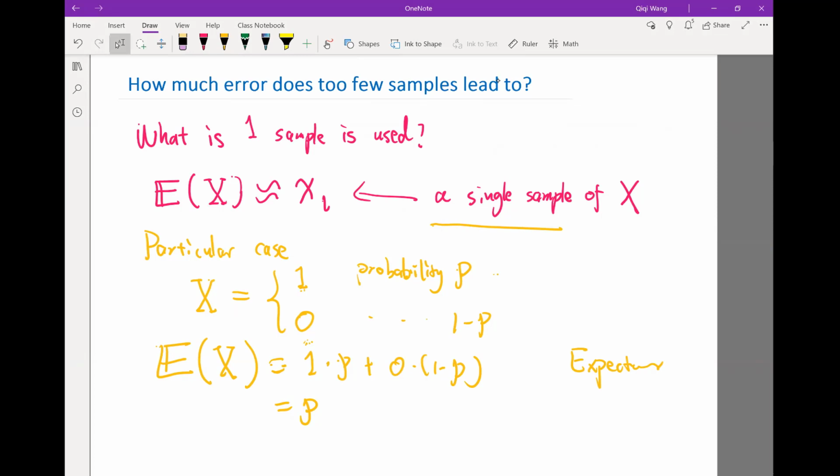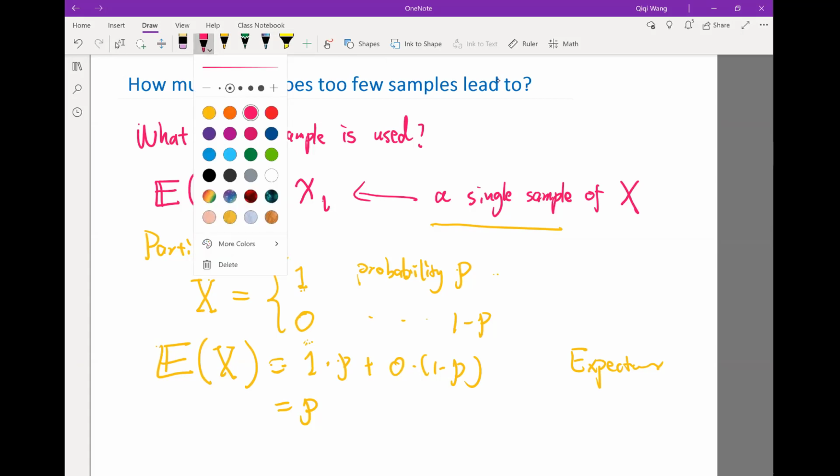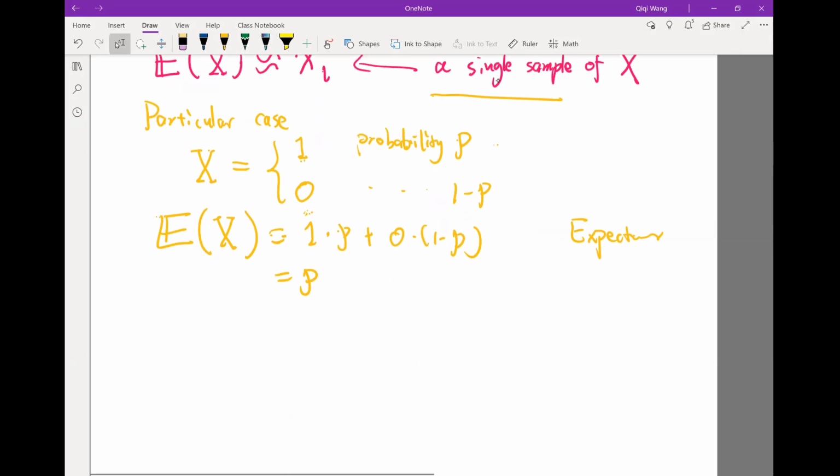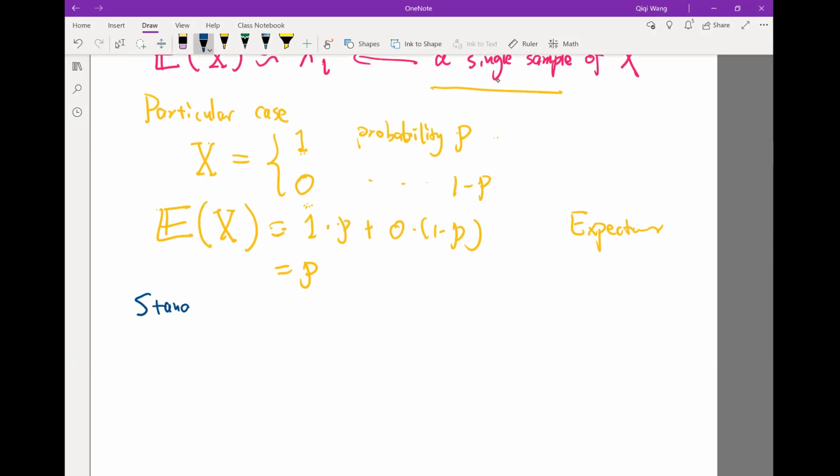Now, how do we quantify how bad it is? A usual measure of quantifying how bad some random estimator is is by looking at the so-called standard deviation, which estimates how variable an estimate is.